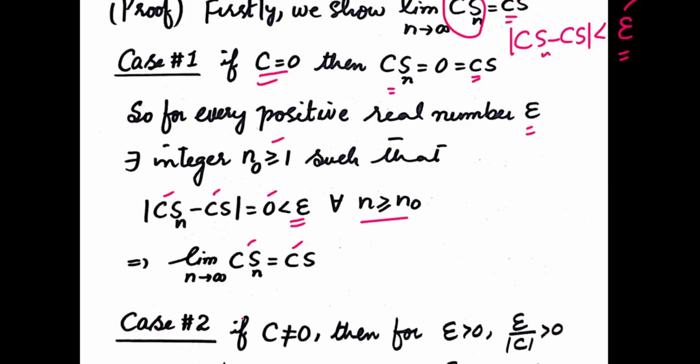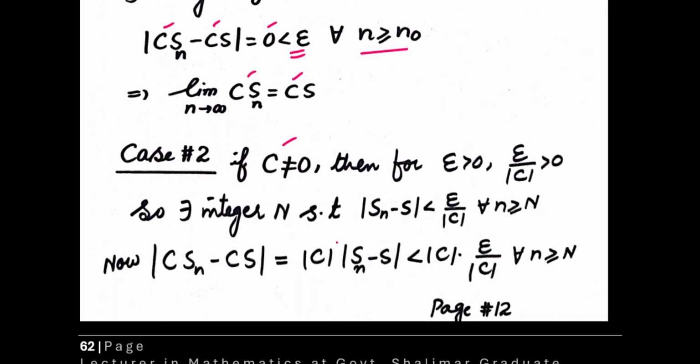Now we consider the second case, if C is a non-zero number. So when C is non-zero, then for a positive real number epsilon, this quantity epsilon by absolute C will also be greater than 0. For this I have to show this is less than epsilon.